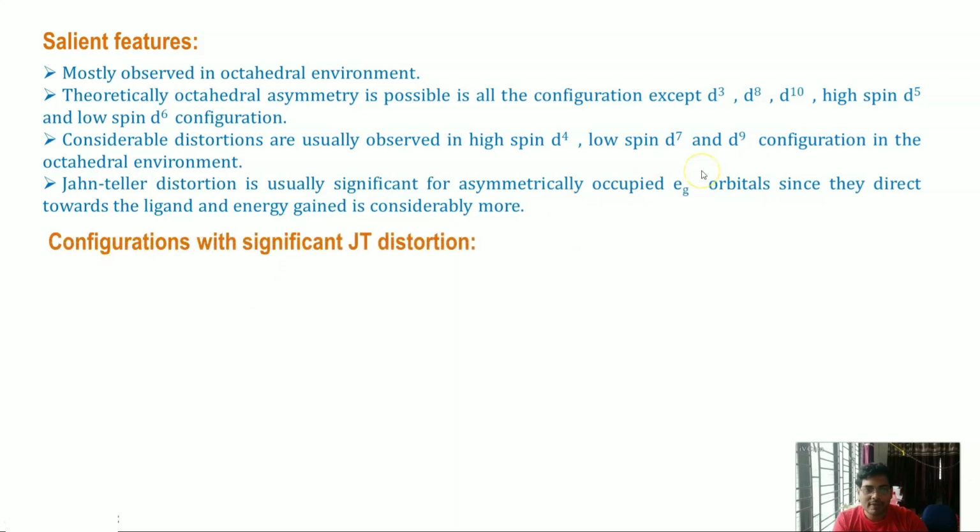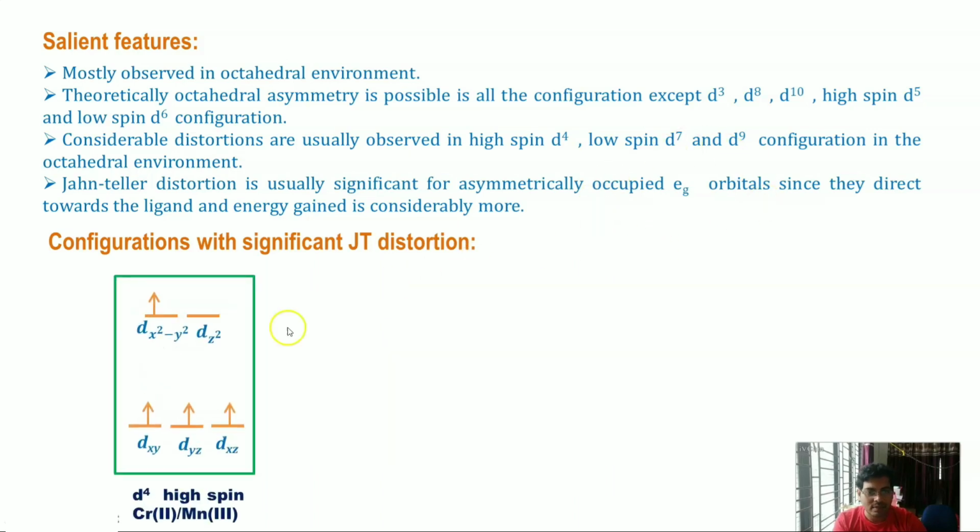So as I told you, we get significant Jahn-Teller distortions where the eg electrons are asymmetrically occupied.